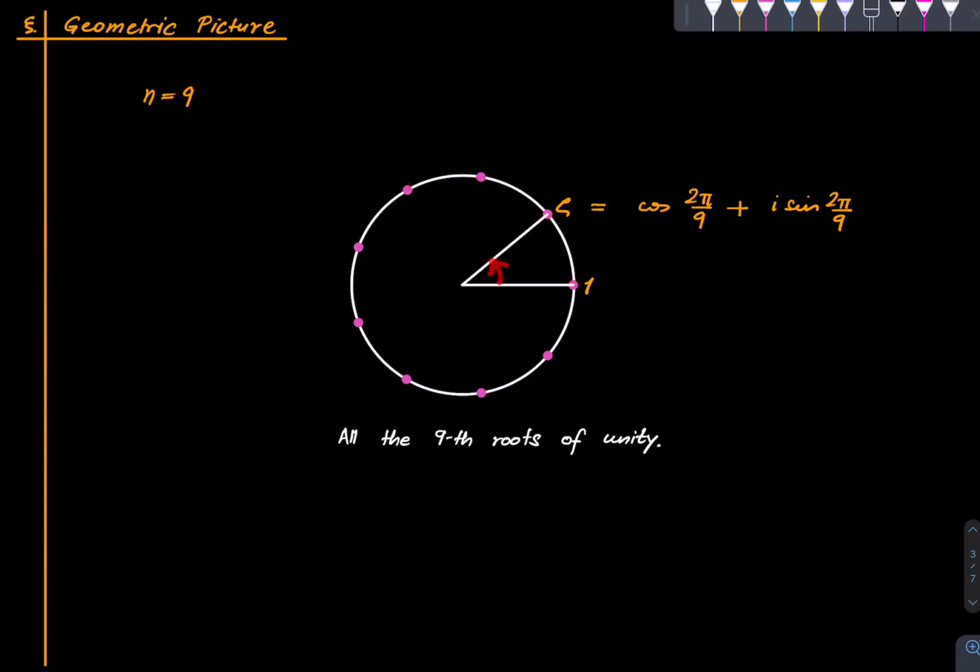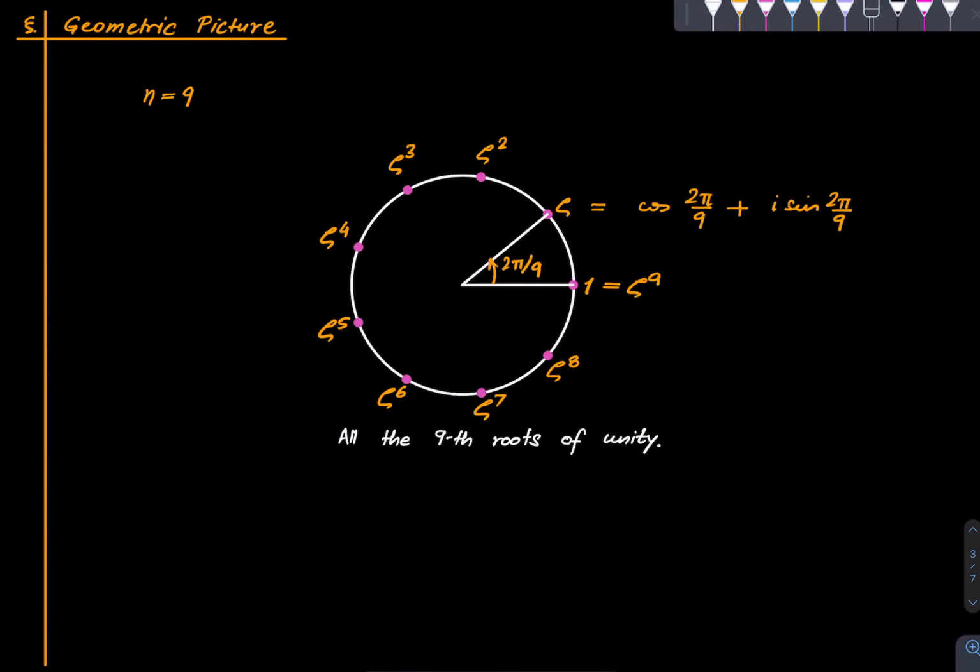So this angle is 2 pi by 9. And this angle is twice of 2 pi by 9, then thrice of 2 pi by 9. So basically these points become zeta square, zeta cube, zeta to the 4, zeta to the 5, zeta to the 6, zeta to the 7, zeta to the 8, and 1 is coming back as zeta to the 9.